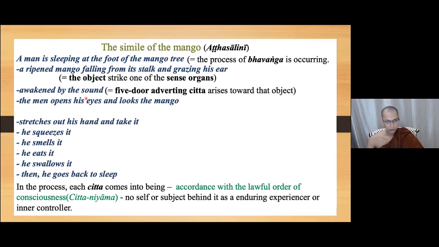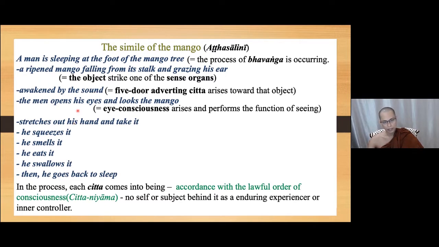So being awakened by the sound is similar to the arising of the 5-door adverting consciousness. After cutting off the Bhavanga, the first moment of the cognitive process, the 5-door adverting consciousness arises toward that object, similar to the man being awakened.